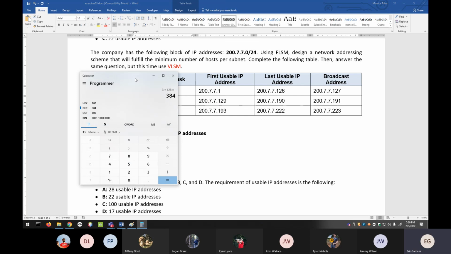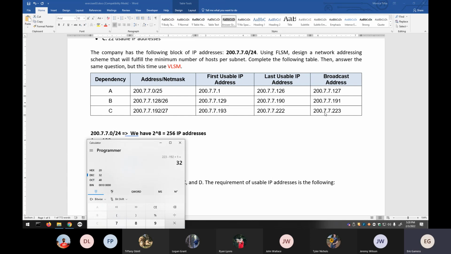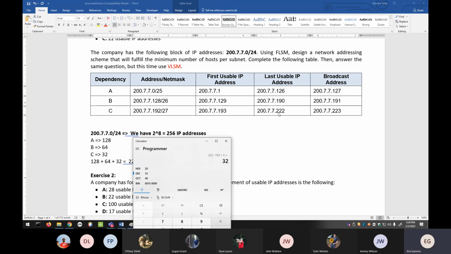So let's do it. 223 minus 192 plus 1, 32 in total. You see? Between this one and this one, we have 32. Now, between these two we need 30, because we lose 2. We lose this one and we lose this one. It has to be 30. So if you do 222 minus 193 plus 1, it has to be 30. Isn't it?